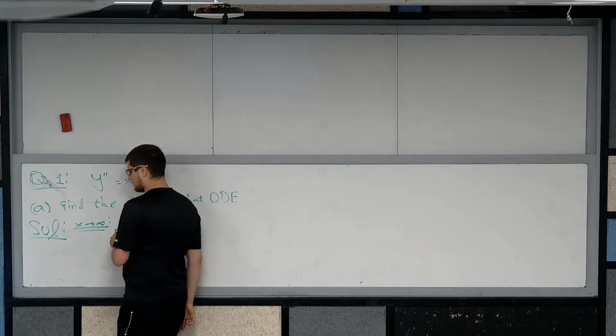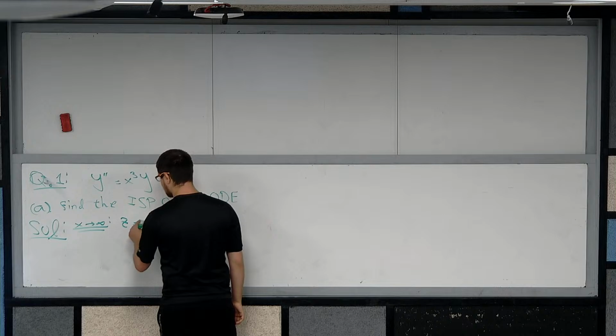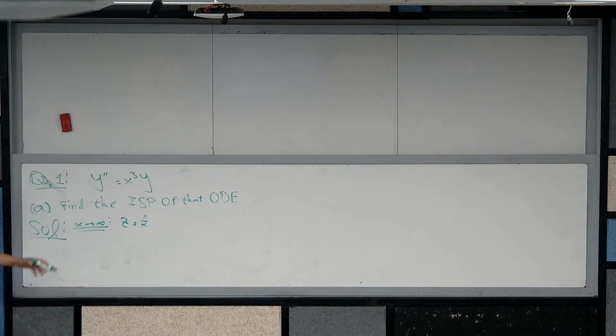So we will do a change of variables. z will be 1 over x. Everyone knows how to do that change of variables, so I can write the final result of that equation.